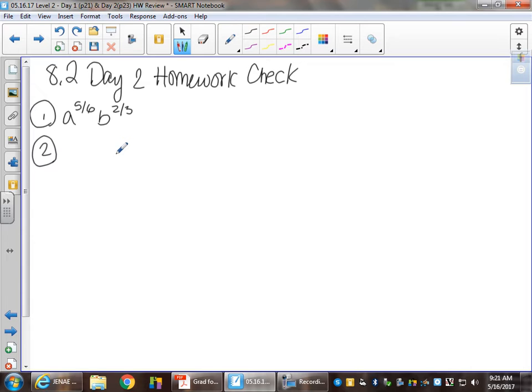Number 2, what'd you get for number 2? 1 divided by y to the 1/2. So correct, as we're going through, if something is right, mark it right. If it needs some adjusting, let's see if we can figure it out.